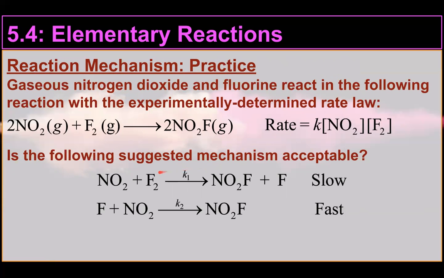So the rate is going to be equal to K times the concentration of 1 NO2 times the concentration of 1 F2. So neither of these are taken to the power of 2 or 3 or anything like that. So it's just going to be K times NO2 to the power of 1 times F2 to the power of 1. That matches our rate law. So therefore, our rate determining step matches the rate law. Our second criterion has been met.